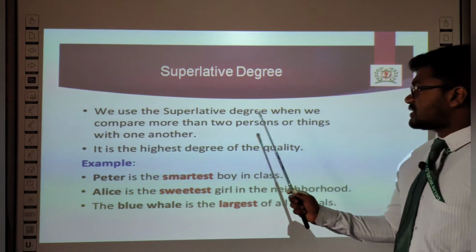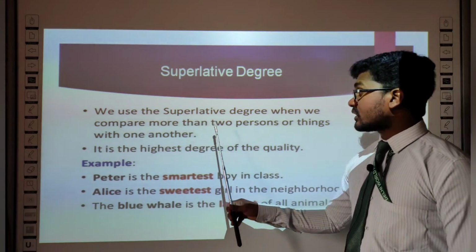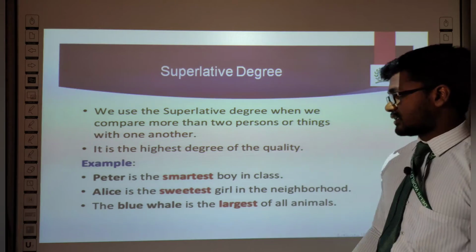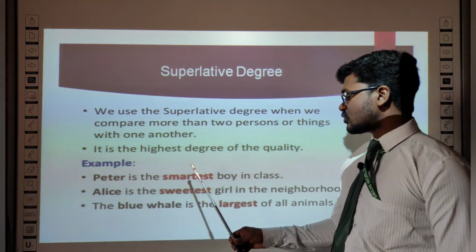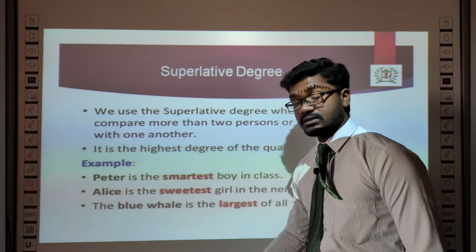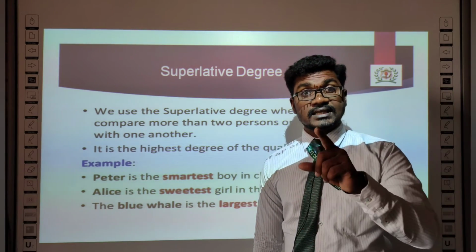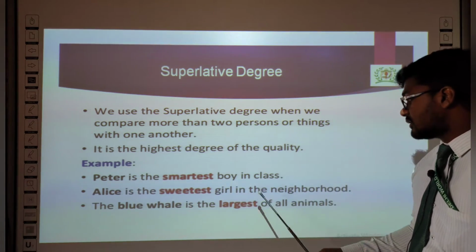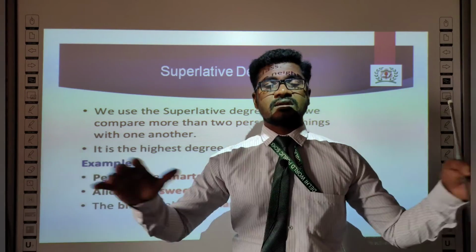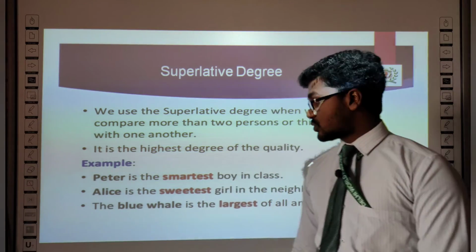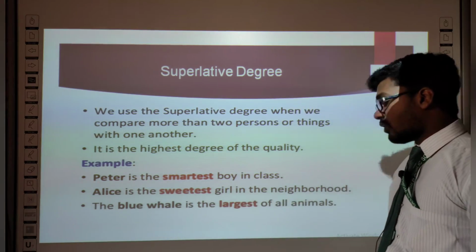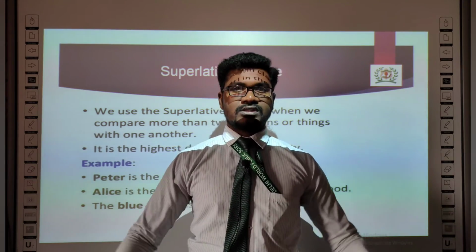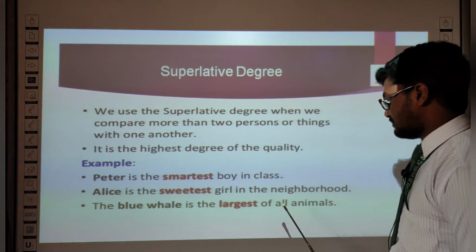We use the superlative degree when we compare more than two persons or things with one another. It is the highest degree of the quality. Example: Peter is the smartest boy in the class. Among all the boys in the class, he is the smartest one. Alice is the sweetest girl in the neighborhood. There are many girls, but Alice is the sweetest one. The blue whale is the largest of all the animals. When we compare all the animals, the whale is the largest.